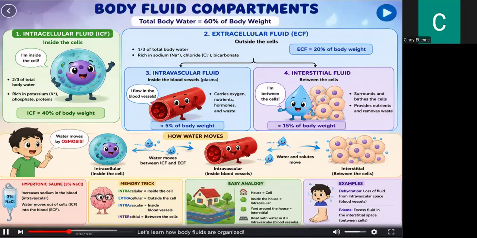The second is interstitial fluid, which is the fluid between the cells. It makes up about 15% of the body weight, and it surrounds, nourishes, and protects the body tissues. Water is constantly moving between these compartments by osmosis, traveling toward the area with the higher concentration of solutes, because the body wants to maintain balance.